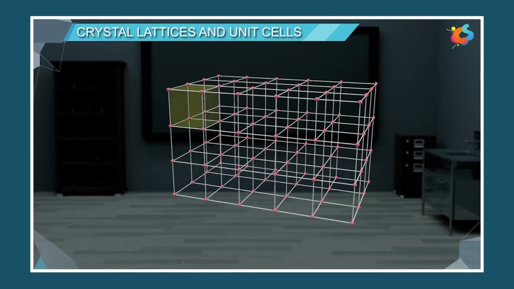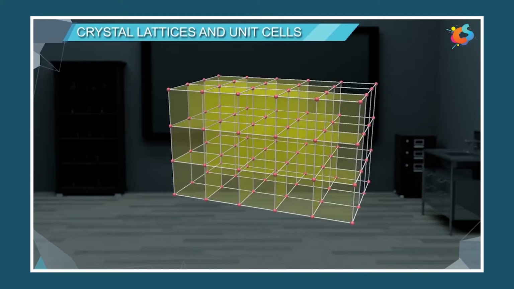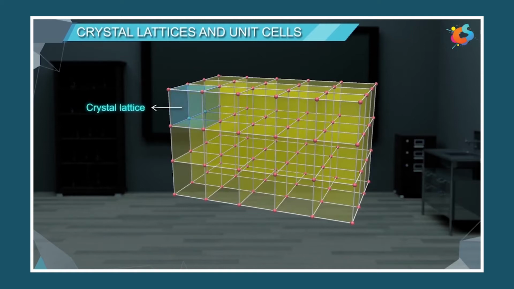Next, the lattice points are joined by straight lines to bring out the geometry of the lattice, and when we connect these straight lines, we can get a three-dimensional view of the structure. This three-dimensional arrangement is called a crystal lattice, also known as Bravais lattices.